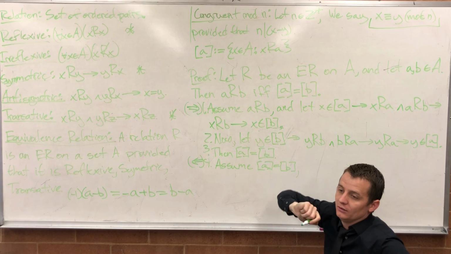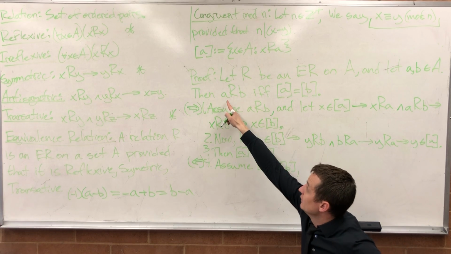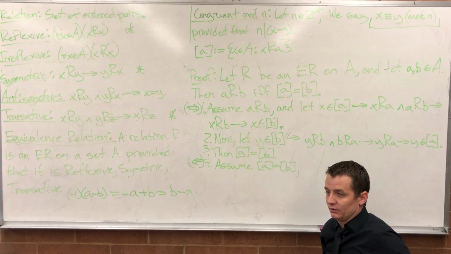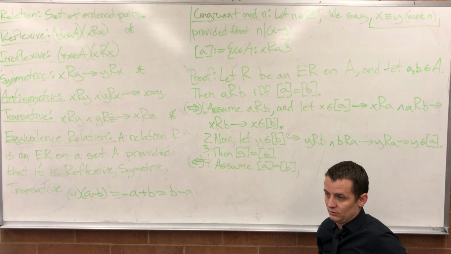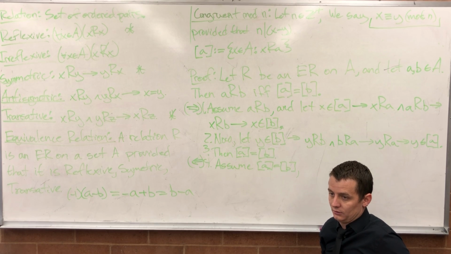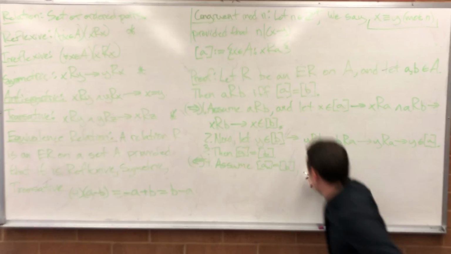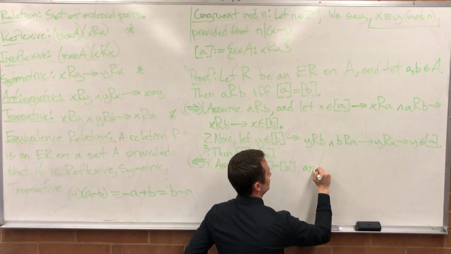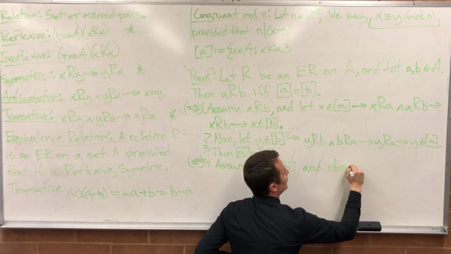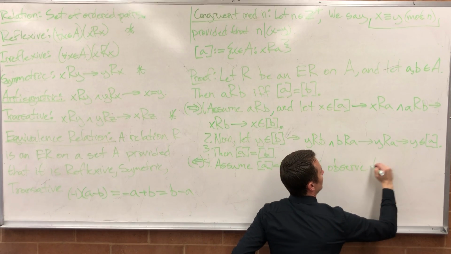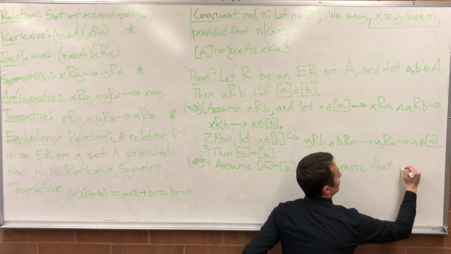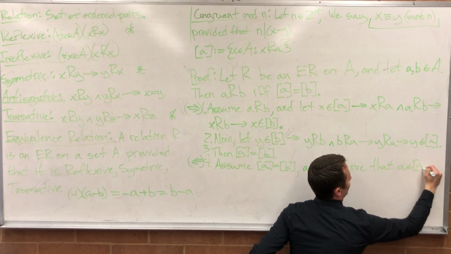We need to show that little a is in B's equivalence class. So assume the equivalence class of A is equal to the equivalence class of B, and observe that little a is in its own equivalence class.